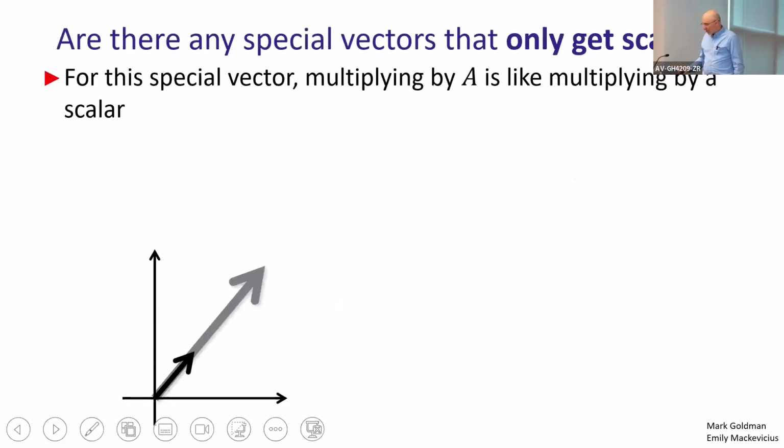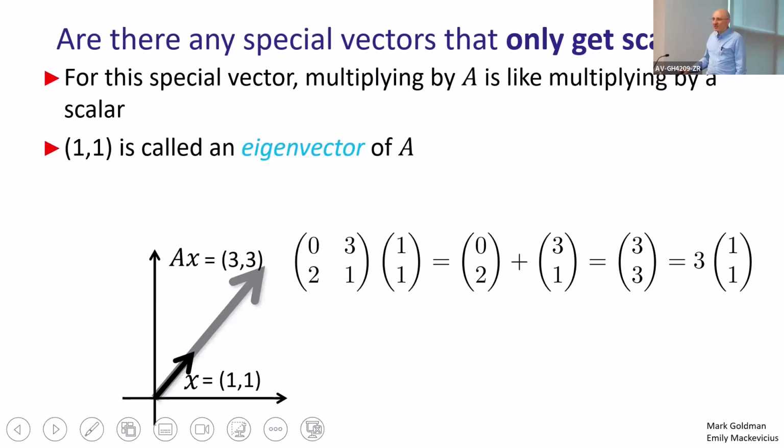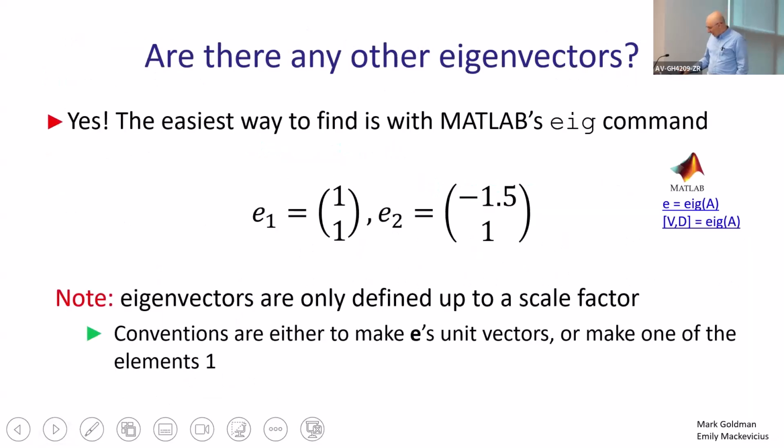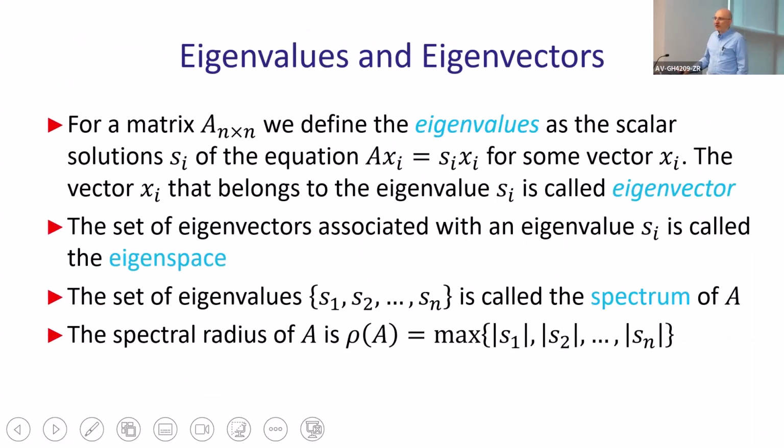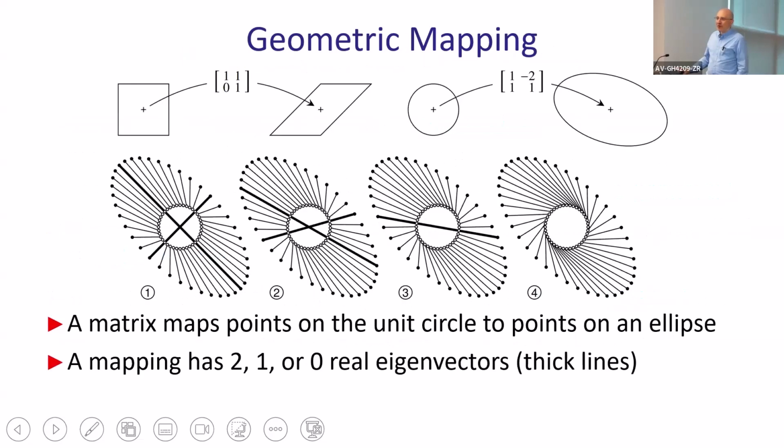Now, we also learned a few more things. We computed these eigenvalues, how to compute them in MATLAB. We learned the geometric intuition behind what they are, how they map circles or squares in space, in two-dimensional space at least.